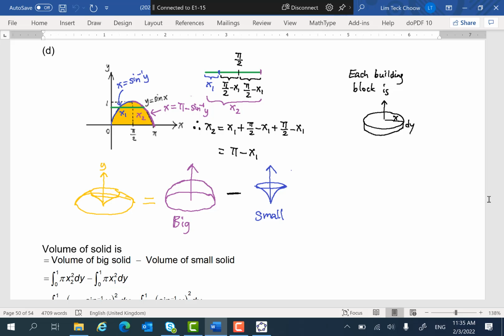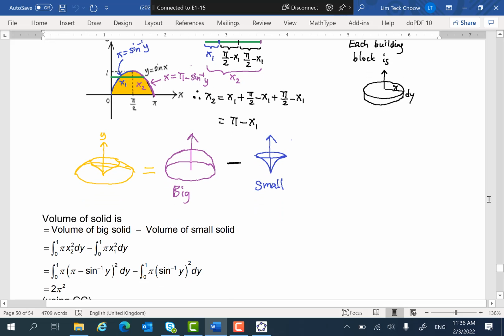Because when you try to find the volume rotated about the y-axis, you will know that actually there's a left-hand graph and a right-hand graph. This part of the graph and this part of the graph have slightly different definitions. What's the slight difference? The right-hand graph is like this.